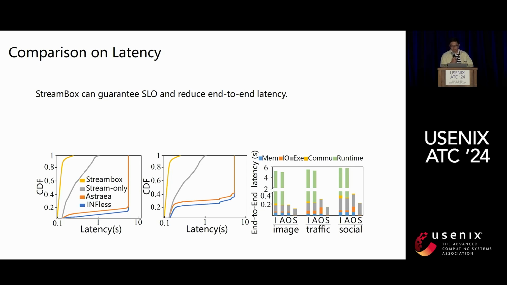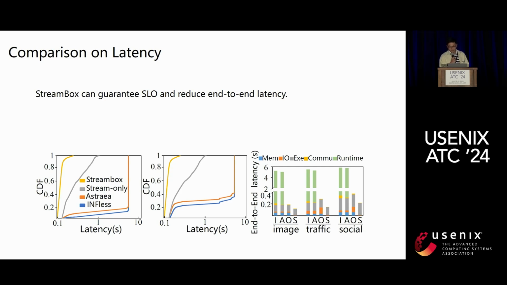And we can also see that StreamBox achieves the lowest latency and SLO violation rate. Frequent cold starts in existing serverless inference systems result in a large number of requests waiting in the queue until the SLO is violated. The figure on the right shows the breakdown of the end-to-end latency.